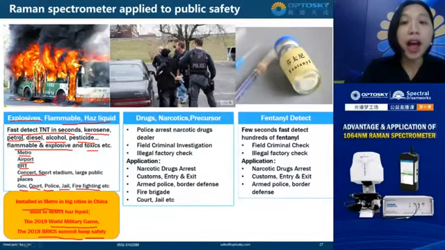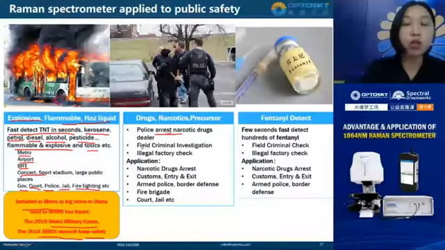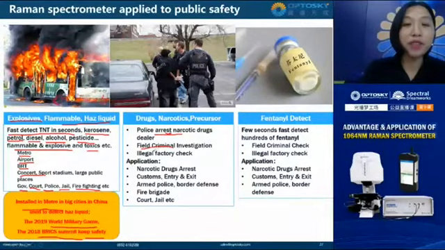How can they identify these drug dealers as having narcotics? Because they have our Raman spectrometers to identify that they have these illegal narcotic drugs, which can serve as evidence to arrest him.